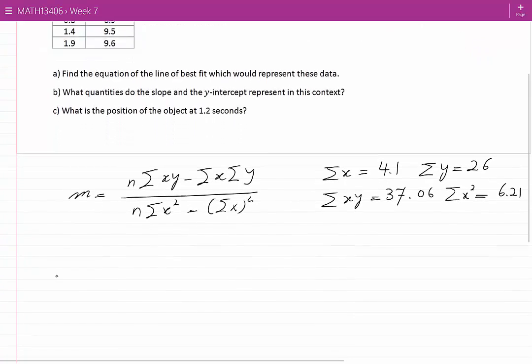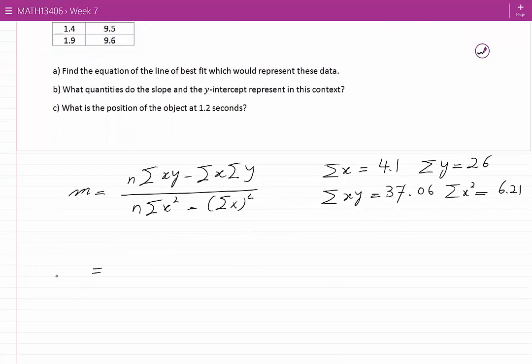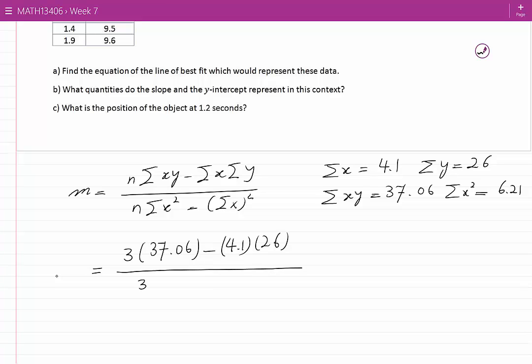If we plug in these values in the equation for m, we get n, which is the number of data points, 3 in this problem, times sum xy, which is 37.06, minus sum x, which is 4.1, times sum y, which is 26, divided by n, 3, times sum x squared, which is 6.21, minus sum of the x values, which is 4.1, squared.